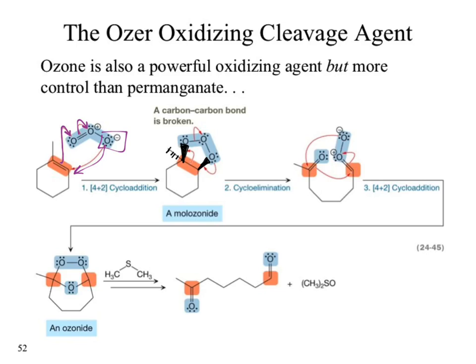that ozone gets us. Take a look at that final product for me and tell me, is that a product that I could get from the permanganate oxidation? There's an implied hydrogen there. What would the permanganate reaction do to that implied hydrogen?